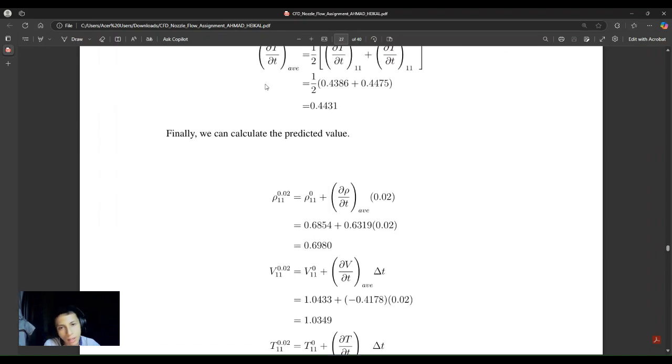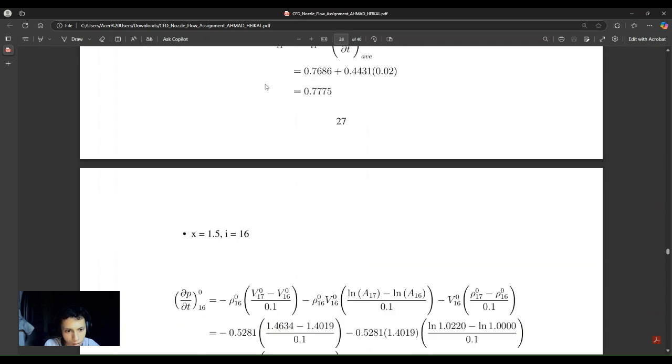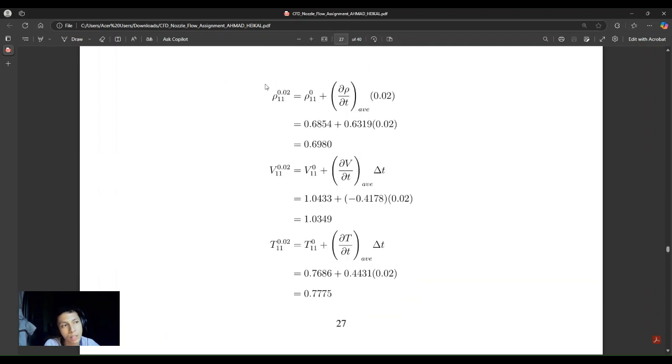So after all predicted steps, predicted values, the corrected steps and corrected values, finally we can calculate the value of the flow-field variables at x equals 1 to 0.